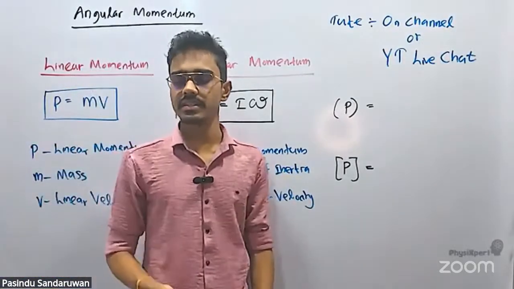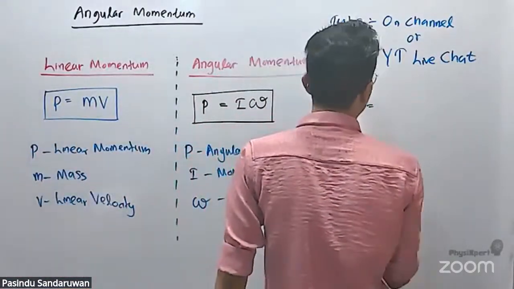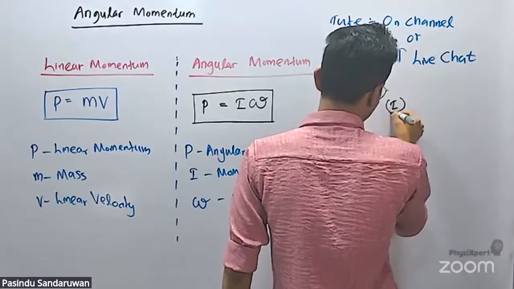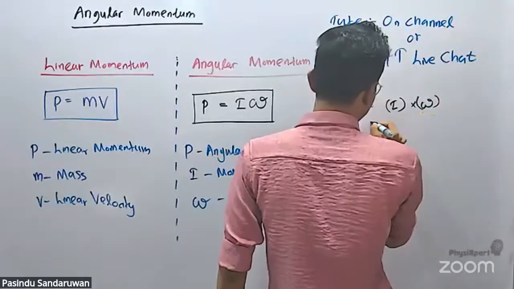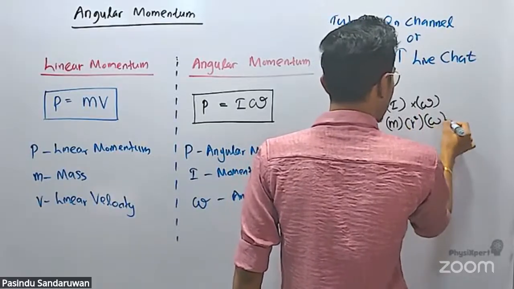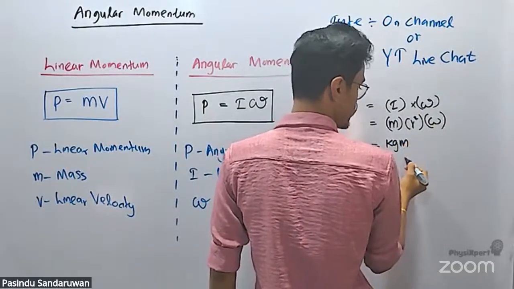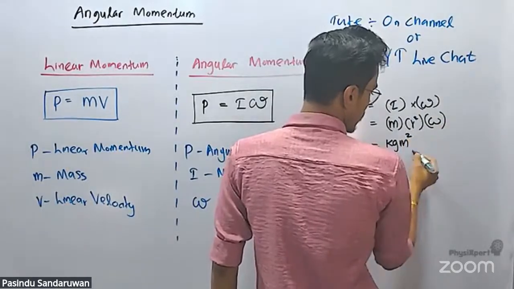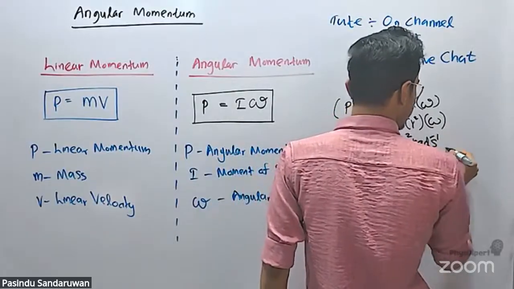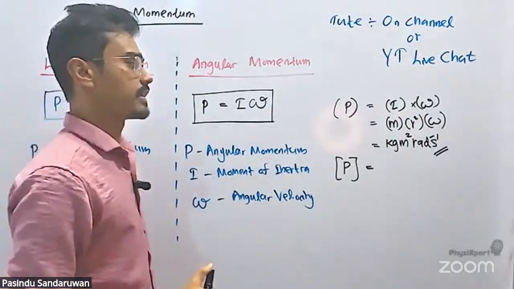Therefore, as a dimension, we have mr squared in I. So you can write this as units of I into units of omega. Units of I can be written as units of m times units of r squared, times omega. Units of mass is kilograms, r is meters, so kg m squared. Omega is radians per second, rad s minus 1. This is the unit of angular momentum.